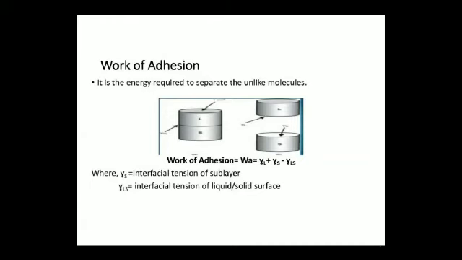The spreading liquid is L. The work done, work of adhesion WA, is equal to the surface tension of liquid plus surface tension of sublayer minus interfacial tension of liquid and sublayer, where γS is the surface tension of the sublayer and γLS is the interfacial tension between liquid and sublayer.